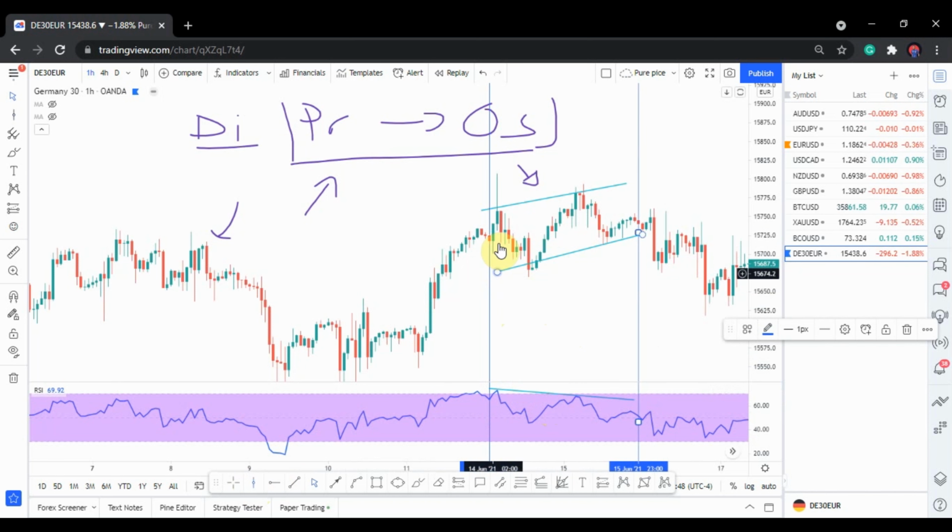Look, that's where we got a signal of price being overbought.